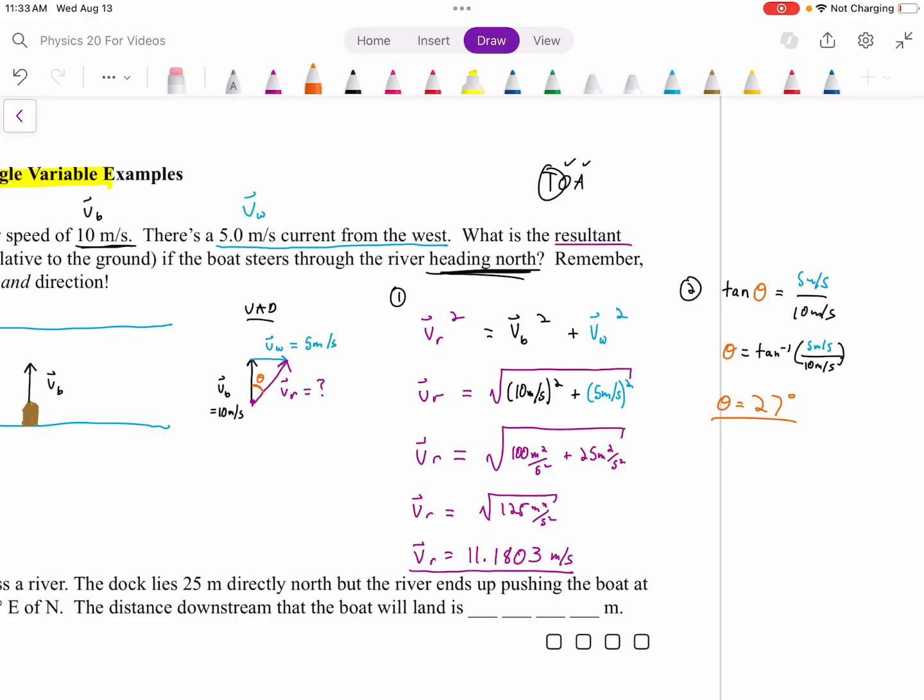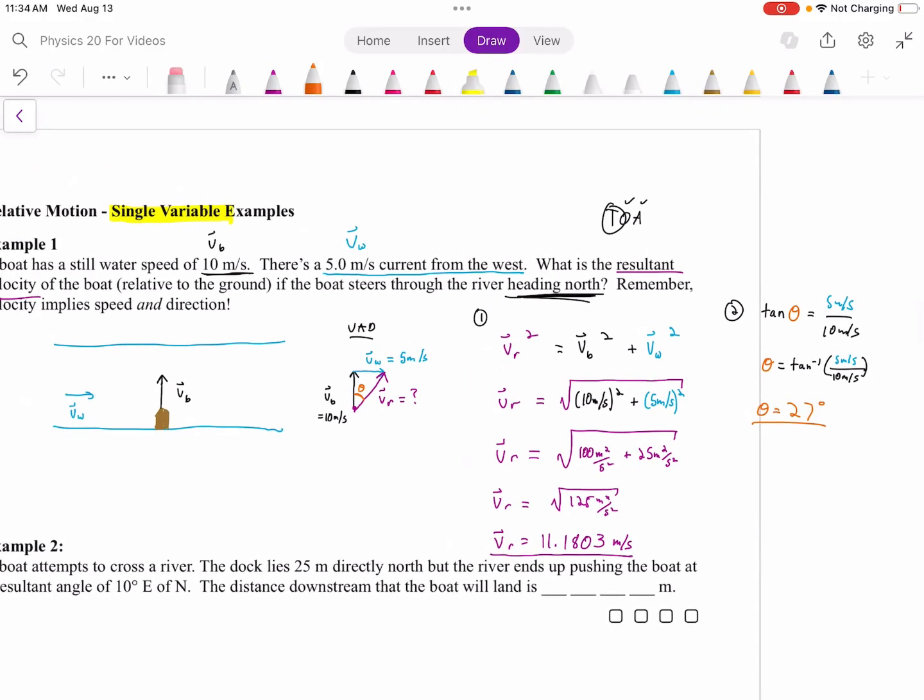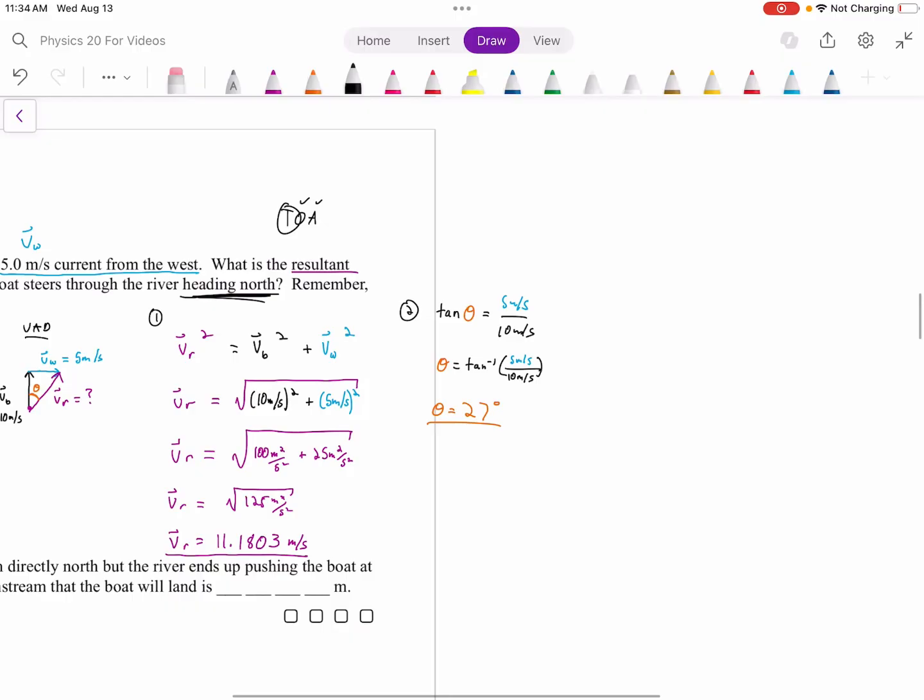Okay, so we're almost there. We've got how fast they were moving, and now we know what that angle is. But be careful. A common student mistake here would just be to say 11.1803 at 27 degrees. But don't forget, if we just say 27 degrees, what that's going to imply is that this is 0, this is 90, and we rotate counterclockwise by our angle.